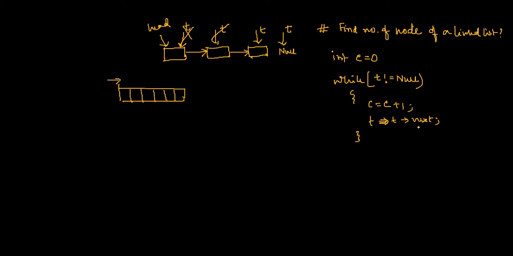Then t equal to t next, so t will now point to null, and since this condition will be false at that time, the loop will break, and if you print c, you will get the correct value, that is 3, at least with respect to the example.